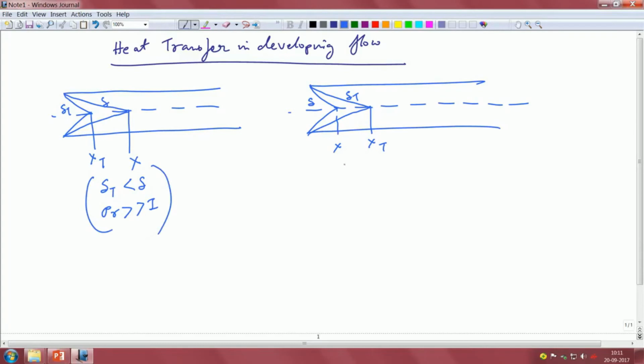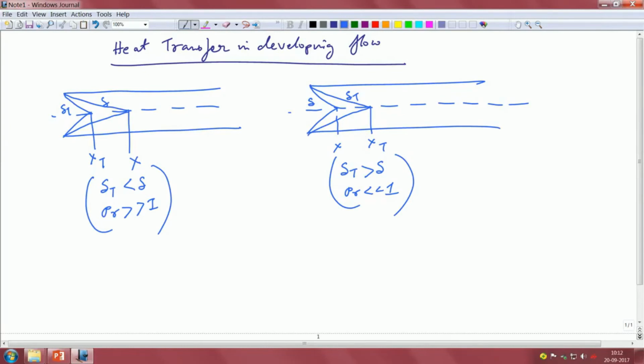The other is delta T greater than delta, and Prandtl number therefore much less than 1. These are the two limits that we are very familiar with, and we already know what Prandtl number greater than 1 means, that your thermal diffusivity is larger.